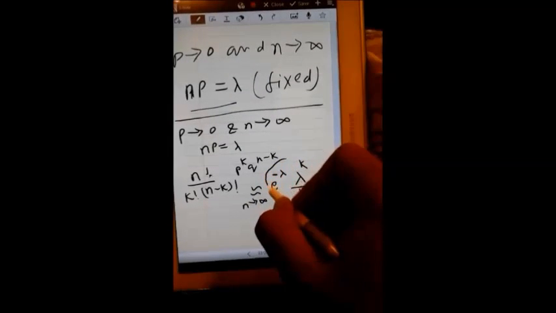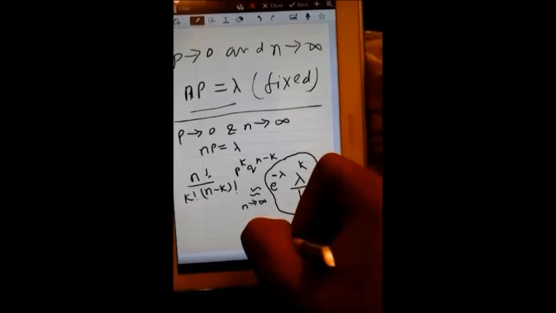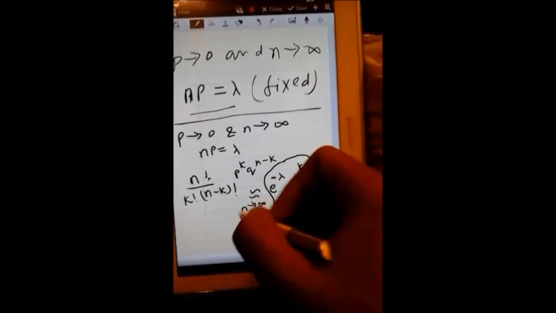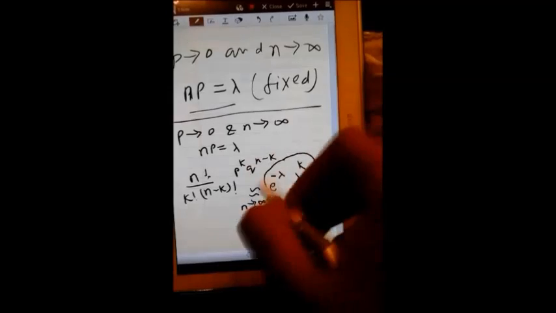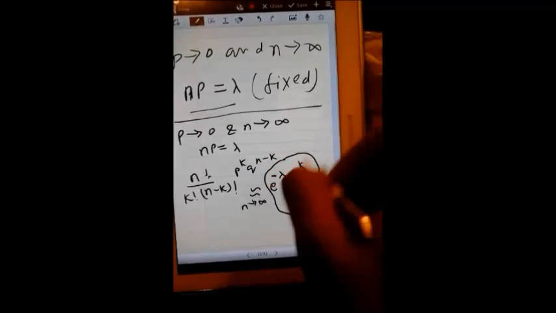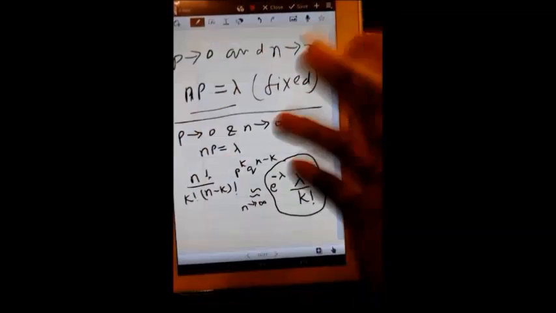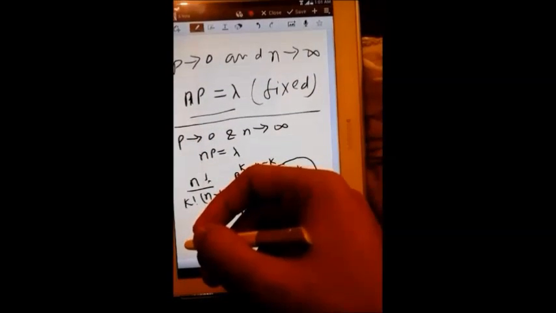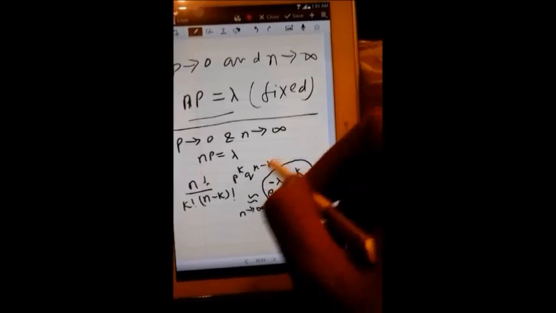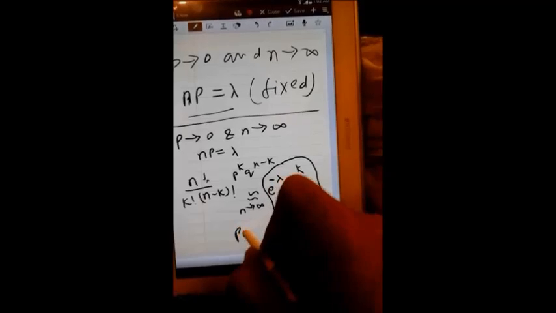This is nothing but our Poisson's distribution. That is, the probability nearly goes equal to the Poisson's distribution. If p tends to 0, it is no more a normal distribution, and therefore comes the concept of this Poisson's distribution.